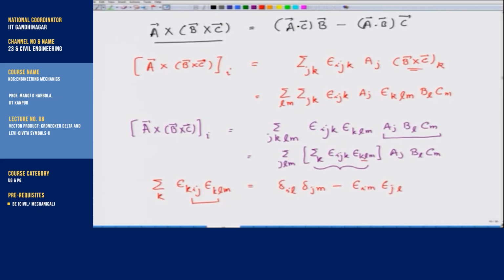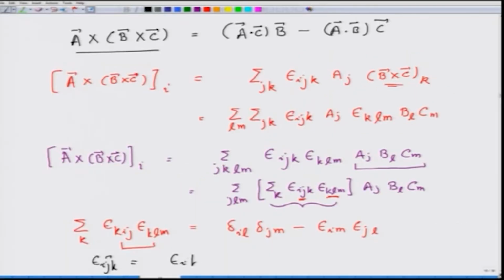So, I want to bring this into the form epsilon_kij epsilon_klm. Let us do that. Epsilon_ijk, I can switch j and k and write this as epsilon_ikj and pick up a minus sign, because now I have changed the direction in that circle in the clock.